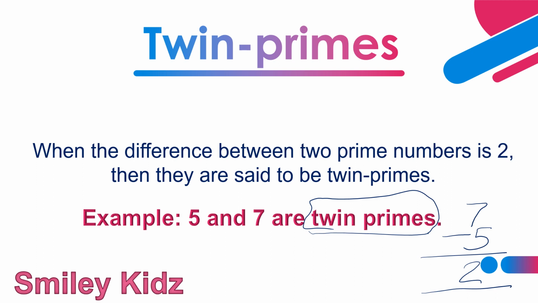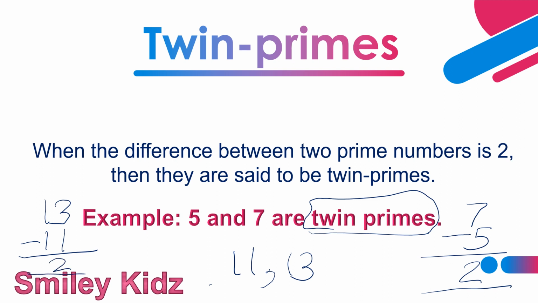So let me give you another example. Let's take 11 and 13. So here 11 is a prime number and 13 is also a prime number. When we subtract 13 and 11, we get 2.